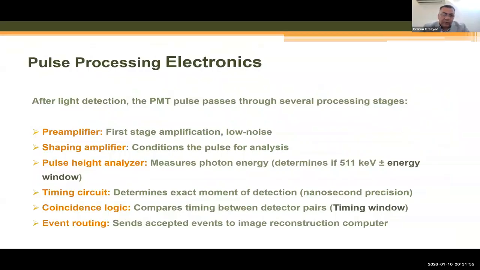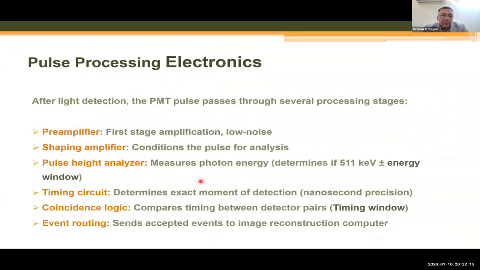I will move fast in this part because we have explained it also in the gamma camera before. The electronics after the photomultiplier start with the pre-amplifier, the first stage amplification with low noise. The shaping amplifier conditions the pulse for analysis.